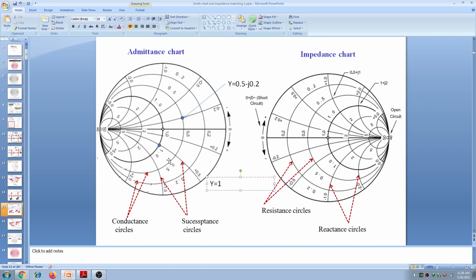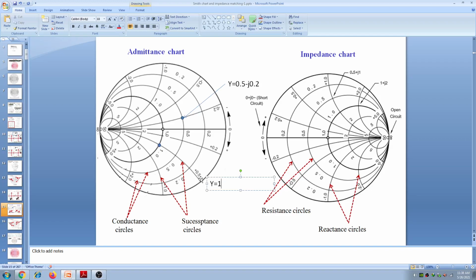Next, you have to find out the susceptance. Which susceptance circle is passing through this point? You have to find that out. This is a susceptance circle passing through this point. So what is the susceptance value of this circle? It is plus 0.5.